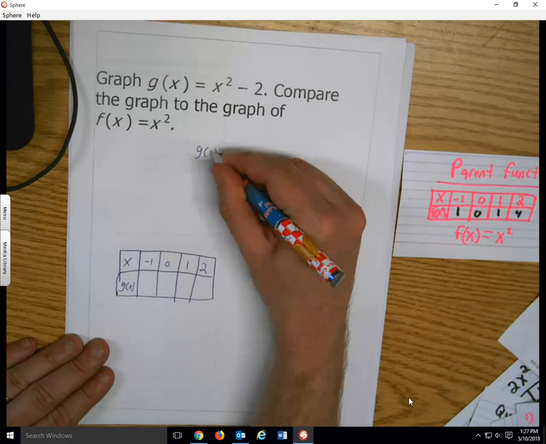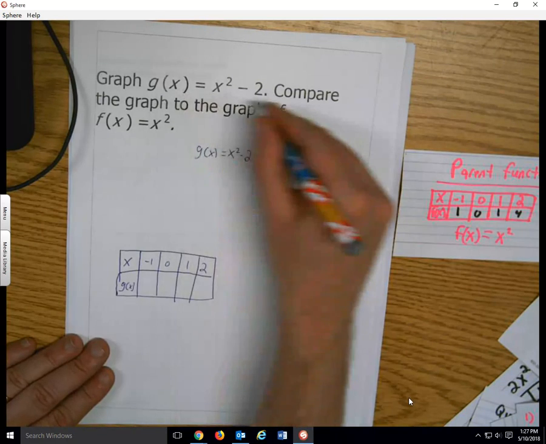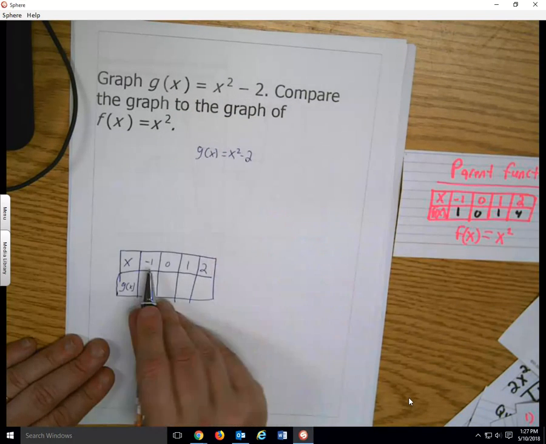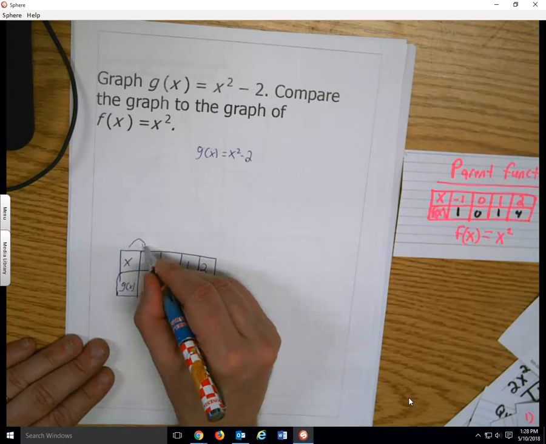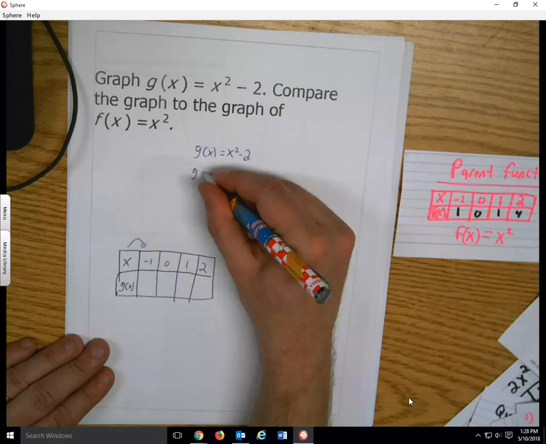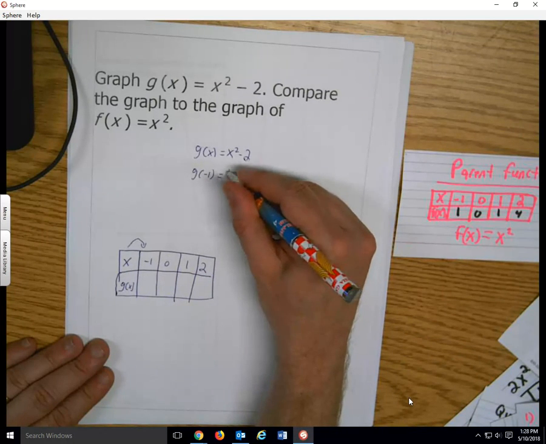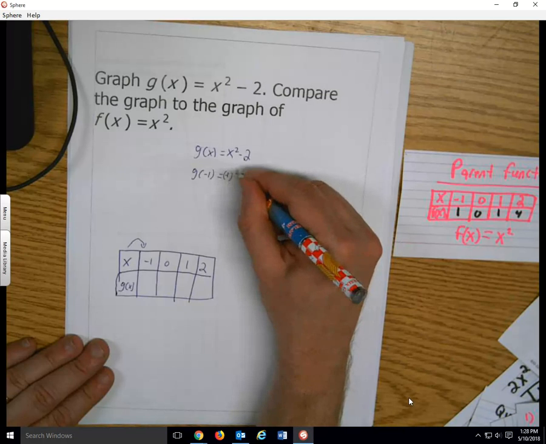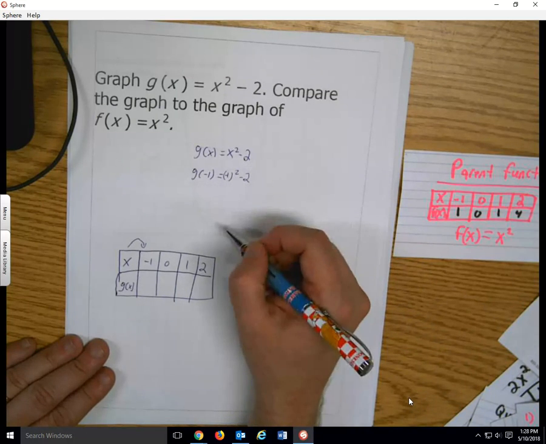g of x equals x squared minus 2. I just rewrote the new parabola. But instead of an x, when I rewrite it, I'm going to substitute in the first value we chose, which is -1. So g of -1 equals (-1) squared minus 2. But what is -1 squared?